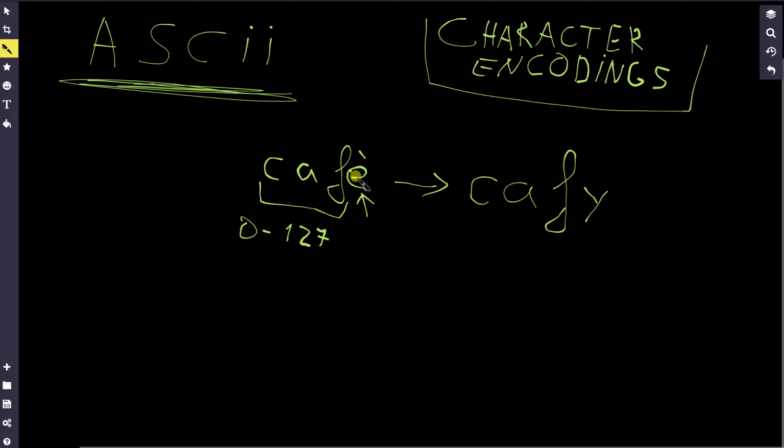So this letter suddenly turns to this. Basically, this is a Cyrillic character that is pronounced as U.